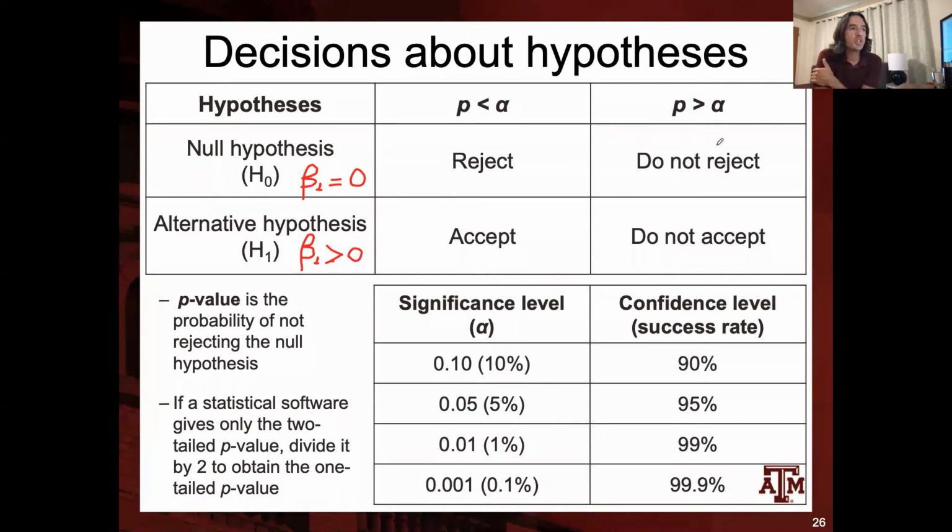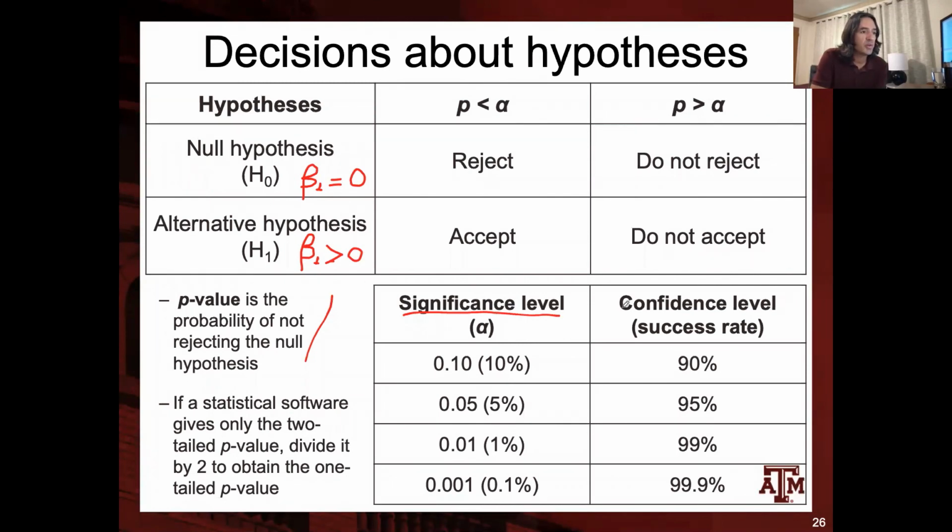And the verb reject, I use it to talk about the null hypothesis, and the verb accept, I use about the alternative hypothesis. If the probability of not rejecting the null hypothesis is too small in relation to my significance level, I reject the null hypothesis that age does not matter to income, and I accept the alternative hypothesis that age has a positive effect on earnings.